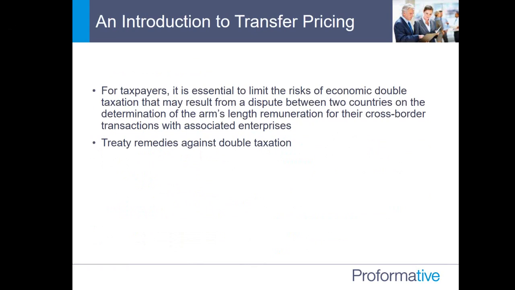In addition, treaty remedies are quite often time-consuming to implement, and obviously where time is involved, cost is also involved. So it's important to ensure you have adequate documentation in place at the time that the transactions are being undertaken to avoid having to support yourself later on.